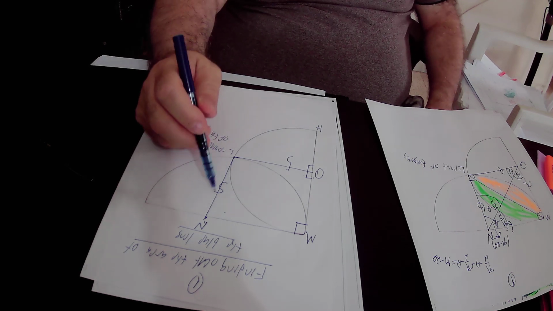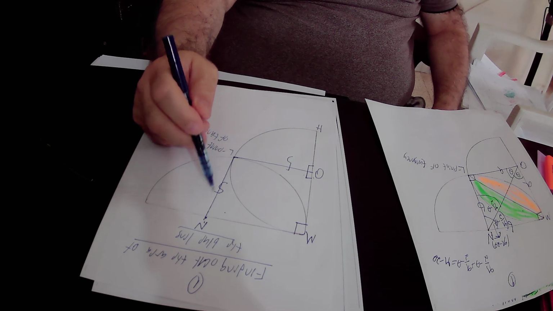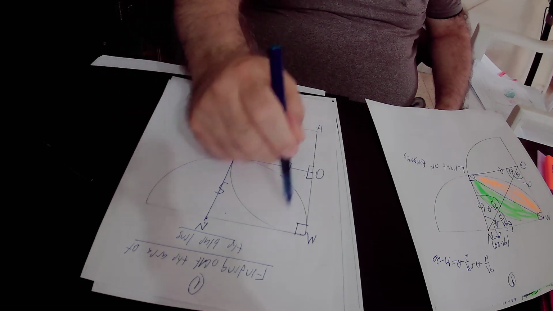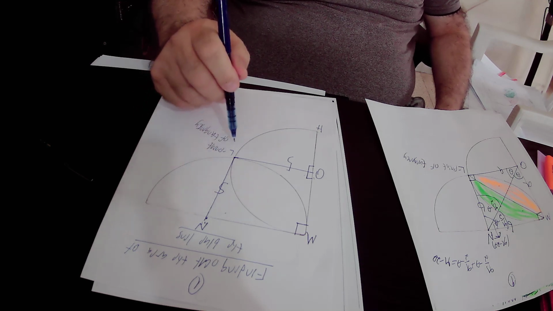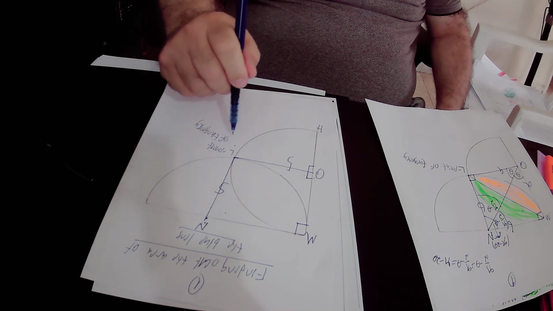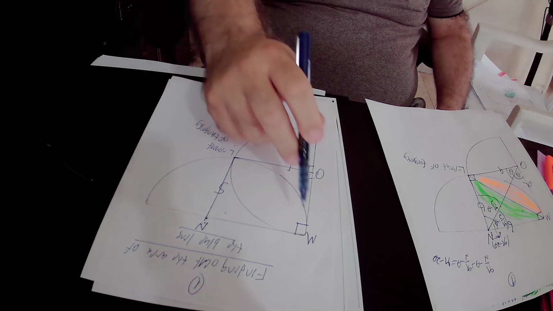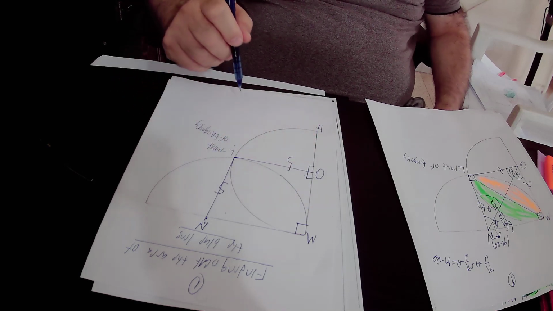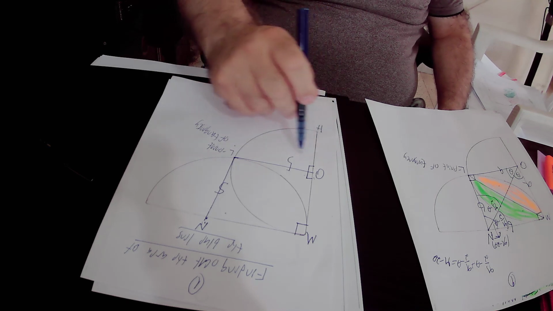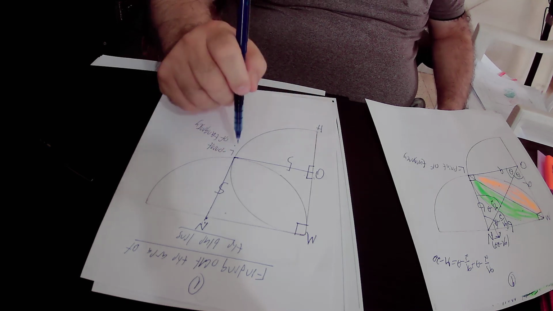Actually here, this radius NL of this semicircle is drawn to the point of tangency, that is to say, to point L, the point of tangency of tangent OL with this semicircle. Whenever you have a radius drawn to the point of tangency, then tangent OL will be perpendicular to the radius LN.